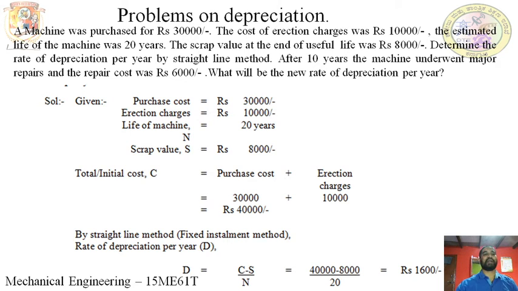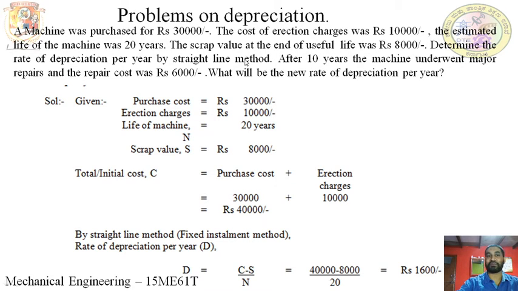So what he is saying is that a machine was purchased for 30,000. The cost of the erection is 10,000, so the installation charge is 10,000. The estimated life of the machine is 20 years. The scrap value at the end of the useful life was 8,000.